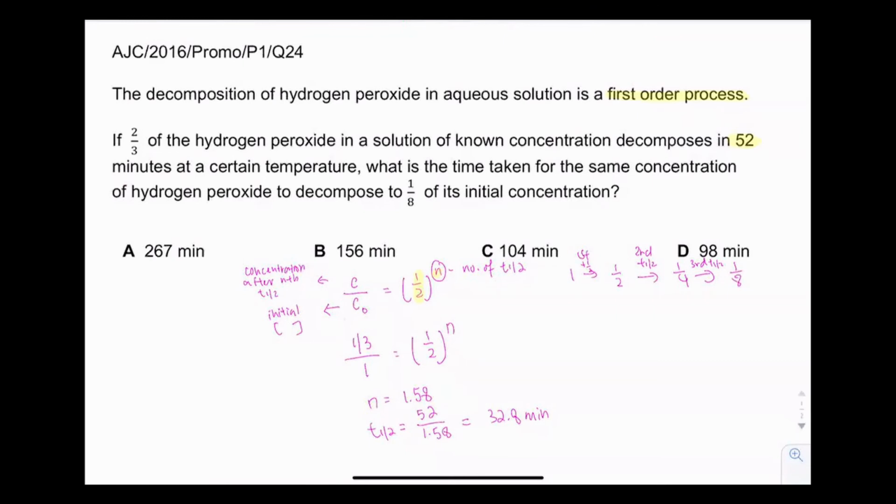So in order for it to decompose to 1/8 of its initial concentration, it will take 32.8, which is the time for 1 half-life, times 3 half-lives, and you will get an answer of 98.4.